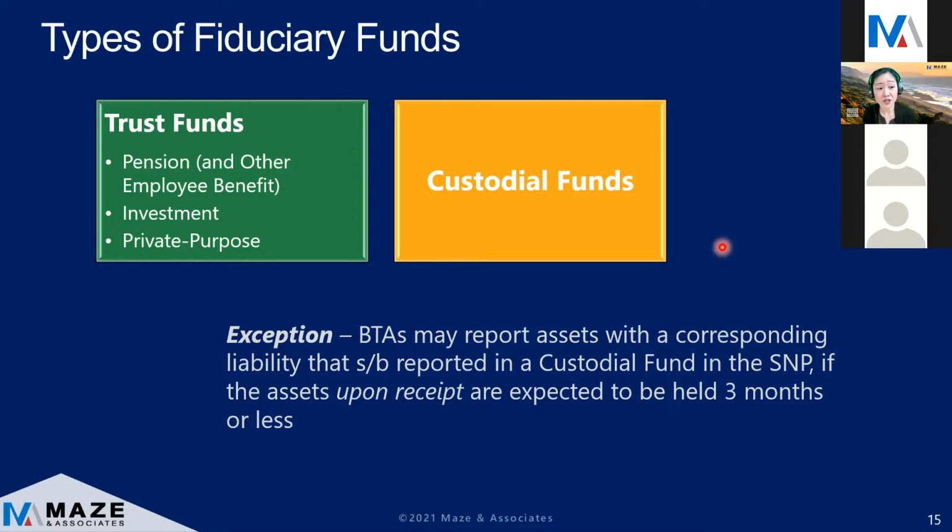So there's an exception. If you have business-type activities that report some assets with a corresponding liability that should have been reported under GASB 84, as long as your entity is holding these assets less than 3 months, meaning when you receive the assets you expect to hold them for less than 3 months, you can still report them within the enterprise funds.